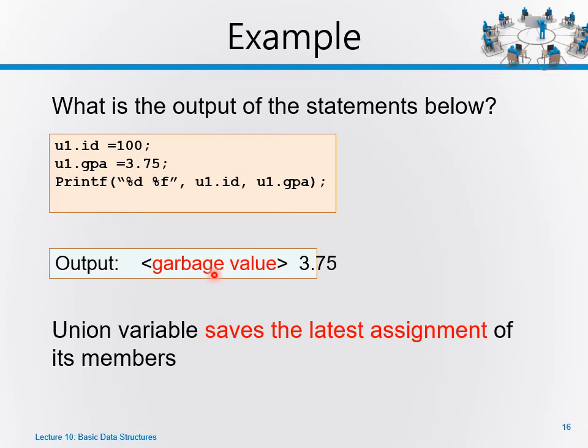So this is the garbage value, and this is the U1 GPA, so it only prints out 3.75. This union saves the latest assignment of its member.